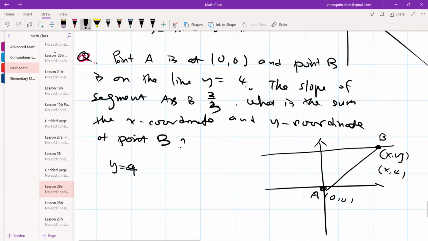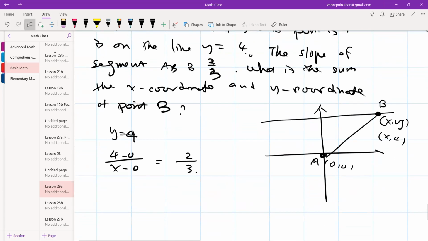So the y coordinate of the point B is always 4. Then you look at the difference of the y coordinates, 4 minus 0, over x minus 0. This is supposed to be the slope, which is going to be 2/3. So x is going to be 3/2 times 4, which is 6.